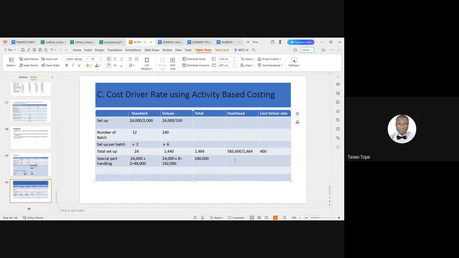So 480,000 is the overhead. For you to get the cost of one special part, what will you do? We have to divide 480,000 by 240,000. The result will now be what? 2 naira.